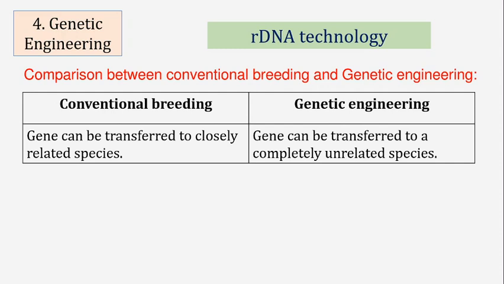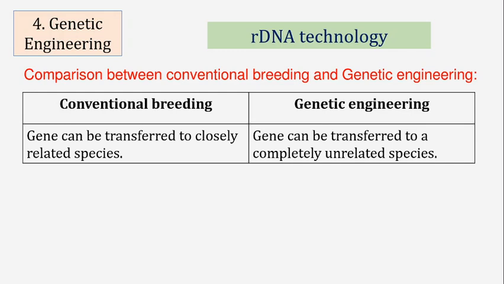You can transfer a gene by the natural mating process or by pollination to the same species, or to some extent closely related species. But you cannot transfer pollen or sperm to a distant organism, a distant species.